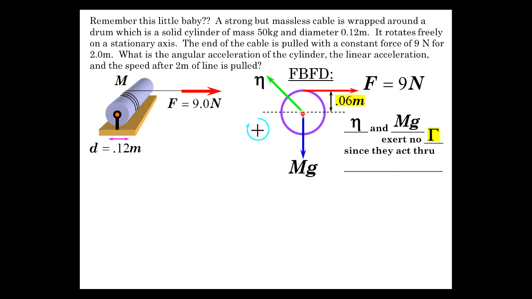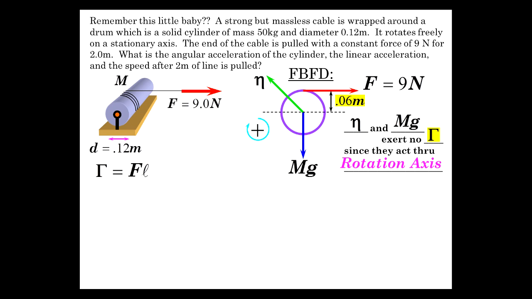In other words, any force acting where the line of action goes through the axis of rotation can't produce a torque because there's no R in the R cross F. Right? So hopefully that makes sense. The only force acting on this that can produce a torque is the applied force. If it goes through the axis of rotation, the force does not produce any torque.